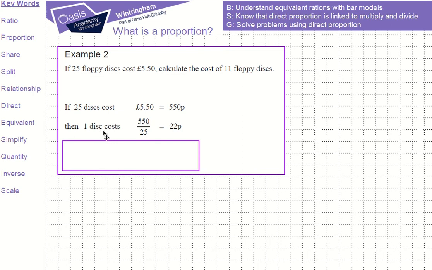Now that I've found the cost of 1, I can then find the cost of 11. 1 multiplied by 11 is 11, so I'm going to multiply this side by 11 and 22 by 11. 22 multiplied by 11 is 242, and is it in pounds? That's going to be £2.42. So 11 discs cost £2.42. Make sure you've got that example copied down and press play when you're ready to move on.